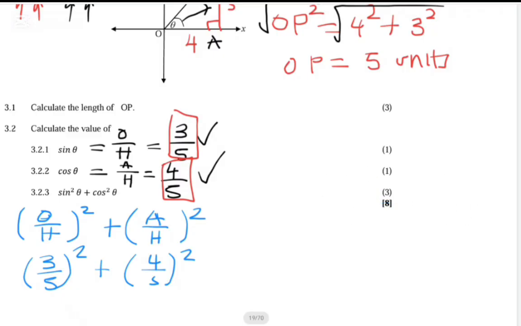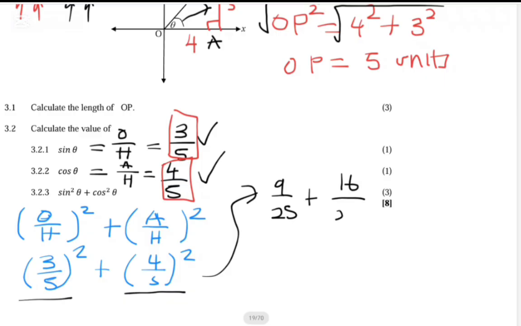So to continue with this, what you need to do in your calculator is punch this in alone, and also punch this in alone. If you punch this in a calculator, you're going to get 9 over 25. So let me just continue it here. 9 over 25, and then plus, if you punch this one, you're going to get 16 over 25 also. So this is just a matter of understanding the fractions.